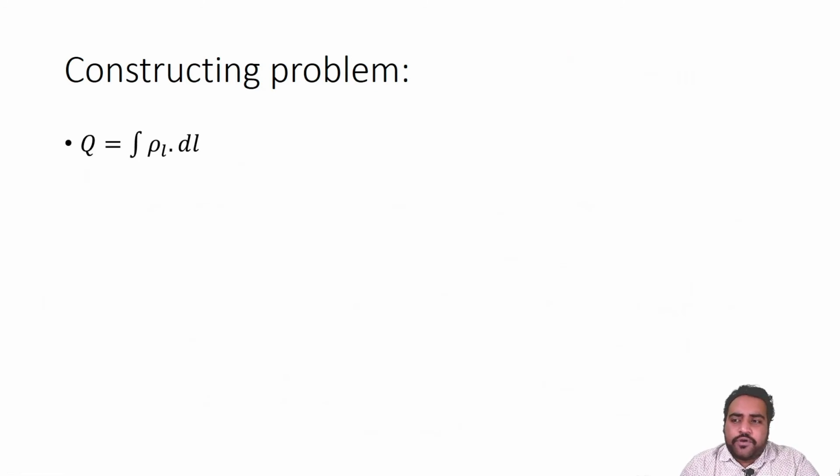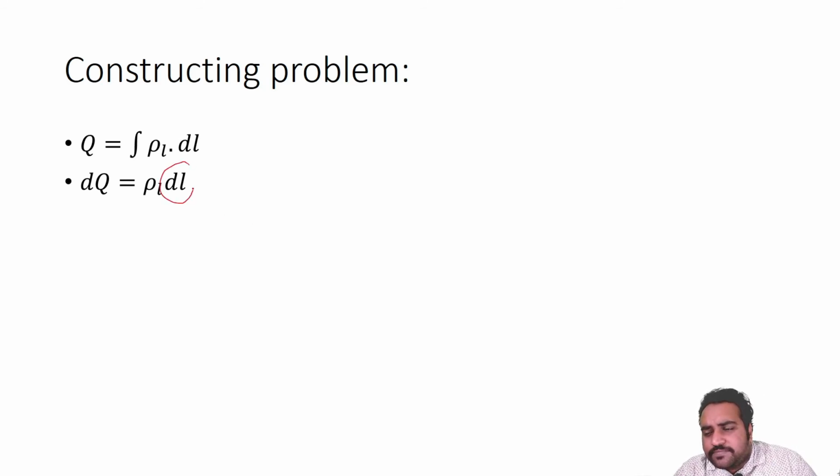This is the construction of a problem where the entire charge can be written as integral of rho L dl, where the small possible charge is rho L dl, where dl is the smallest possible length.